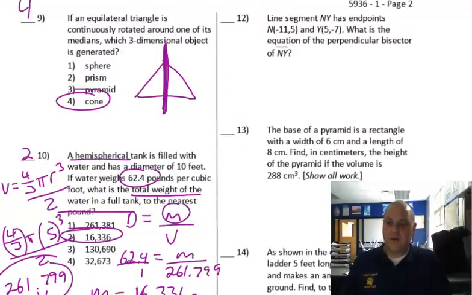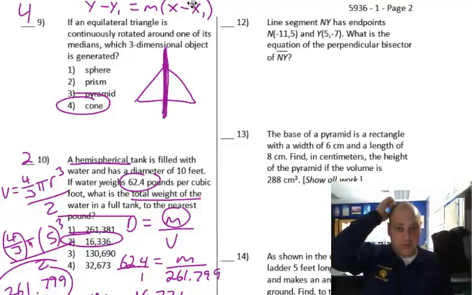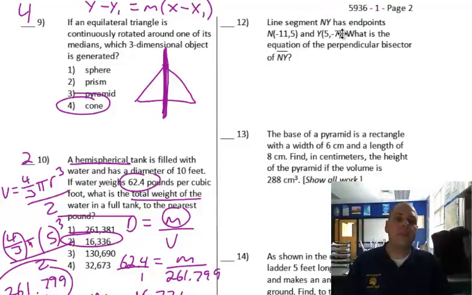Now I'm going to start off by writing the formula. I'm going to put it up here. y minus y1 equals m times x minus x1. That's the point slope formula. You got to make sure you know the point slope formula. The endpoints of the line segment, I'm going to draw it up here.